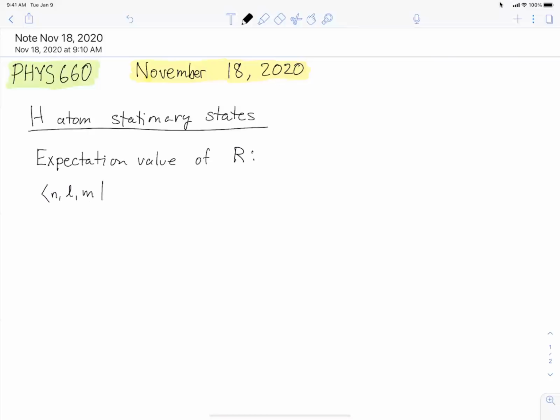In a state specified by n, l, m, n is the principal quantum number, and the other two are angular momentum quantum numbers. Okay, this turned out to be the Bohr radius, a0, divided by 2 times the quantity 3n squared minus l times l plus 1.